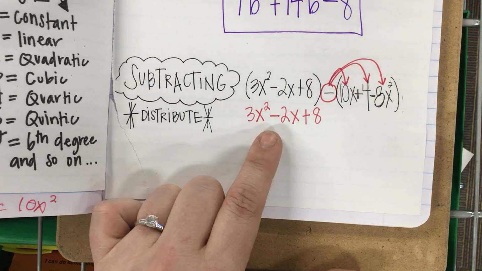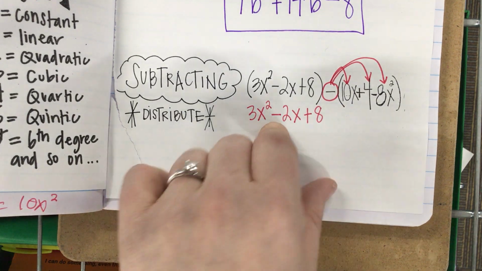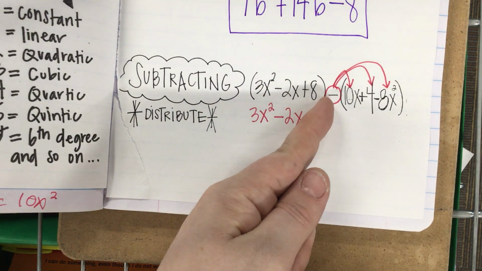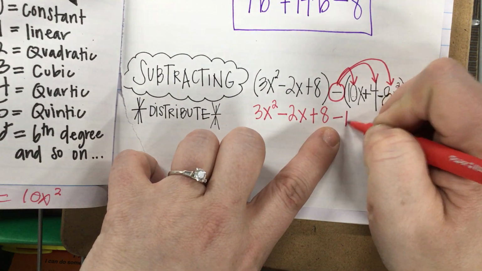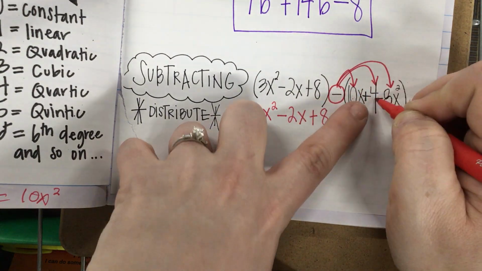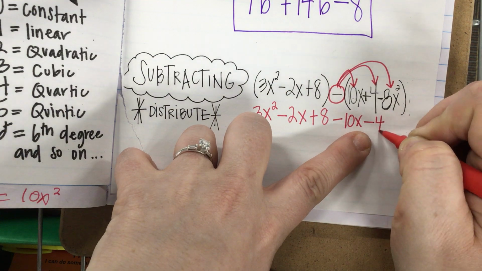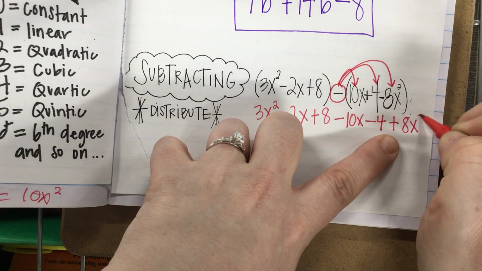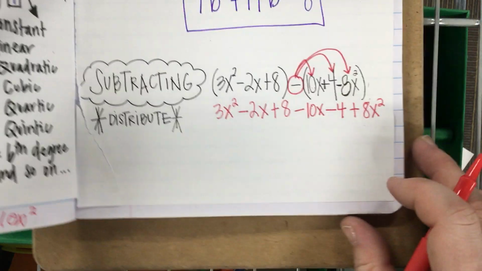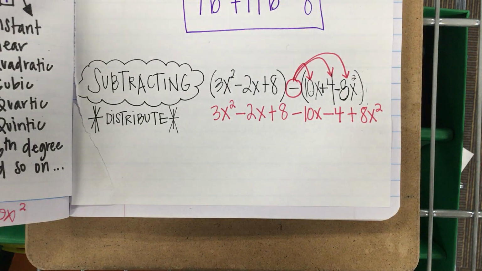My first trinomial did not change. But after this minus sign, everything else changes. It becomes minus 10x minus 4 plus 8x squared. And then you just combine like terms.